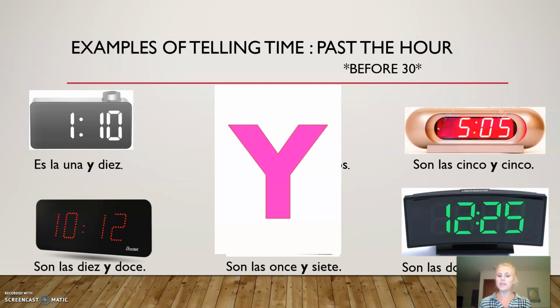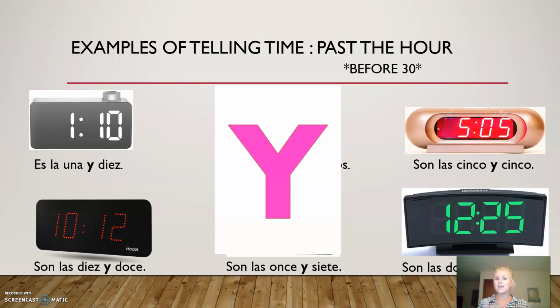Son las 11:07. Okay, e means and, and they actually use and in the time. So rather than how in English we say it's 1:10, we don't put anything between the 1 and the 10, the hour and the minutes. They do in Spanish. Okay, so you're really kind of saying it's 1 and 10. Es la 1:10. Okay?